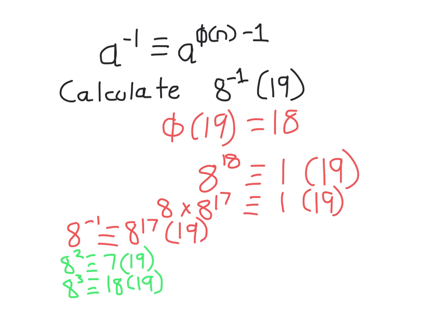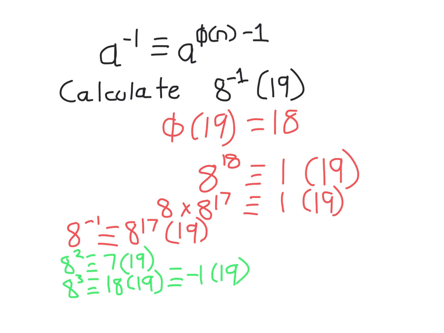And that turns out to be really useful. You might be thinking, well, 18's not a small number. How does that help us? It helps us because 18 is equivalent to -1 modulo 19.